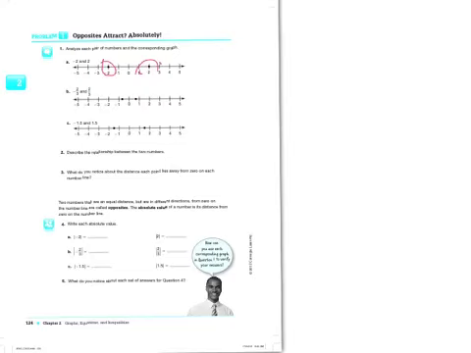And so when we start talking about absolute value and really taking a look at it, what we're dealing with is what is the distance from 0. The negative has nothing to do with it, and the positive has nothing to do with it. It's the distance away from 0.